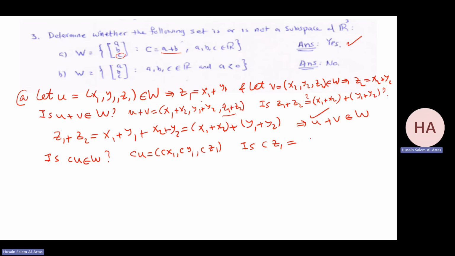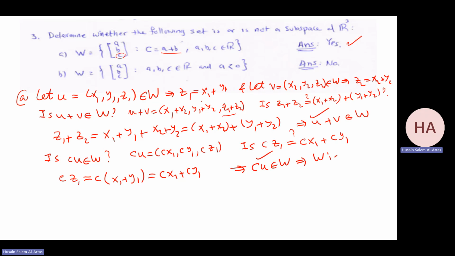Is it equal to the first component plus the second component? Yeah, this is what I want to check. So that's true, since z1 is x1 plus y1, and that gives me cx1 plus cy1. So this is true, so that means cu belongs to W. That means W is a subspace.